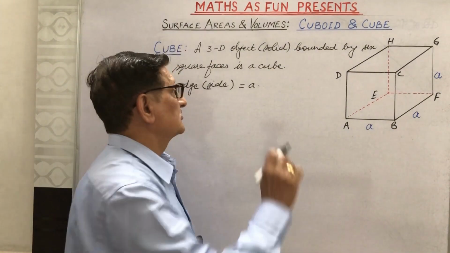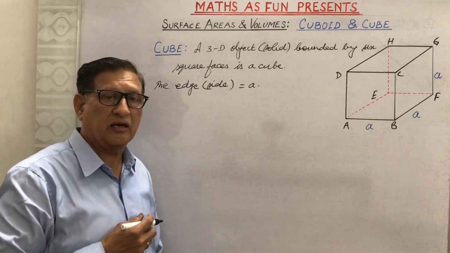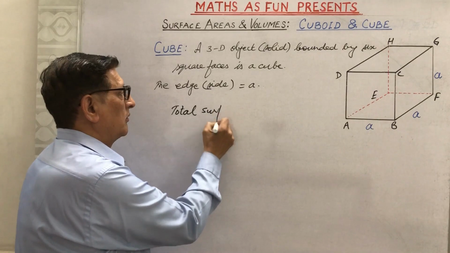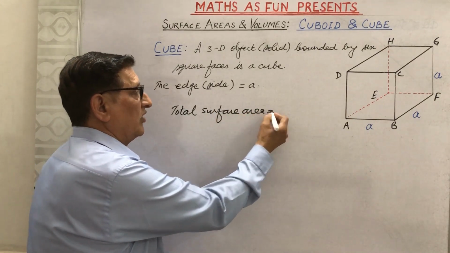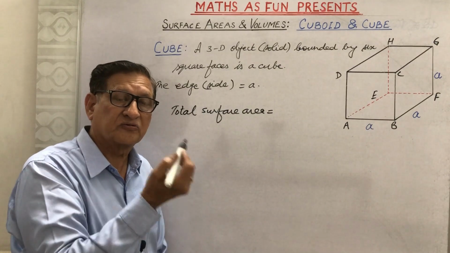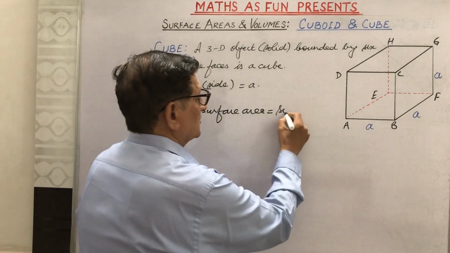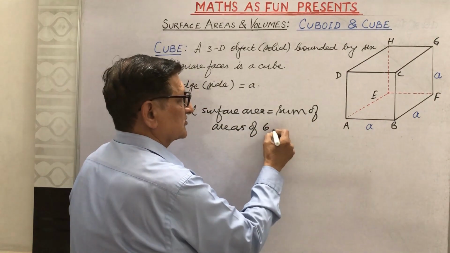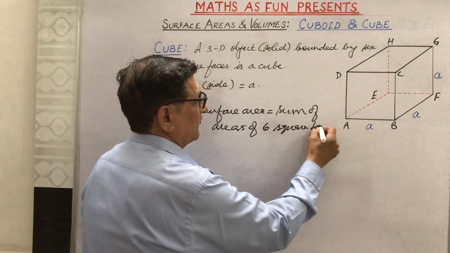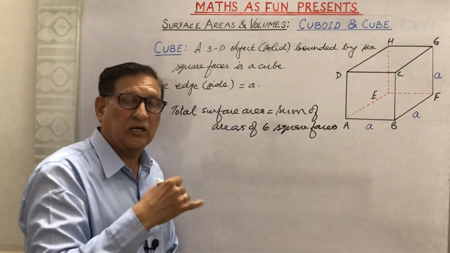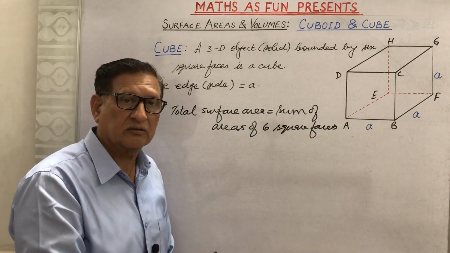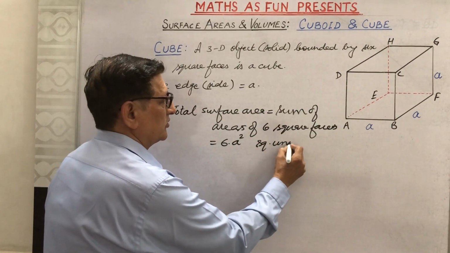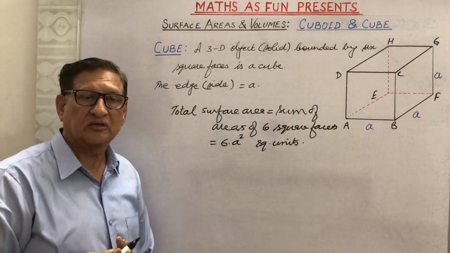Suppose each side or edge of it is A. Then the total surface area will be equal to the sum of areas of 6 square faces. And we know the area of a square is side square. It means here we will have 6 into A square units as the total surface area.